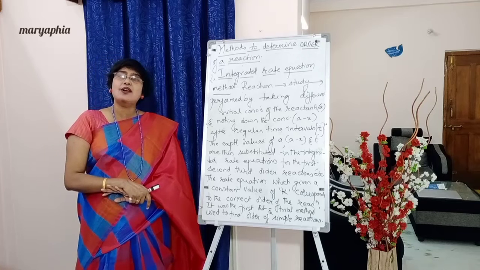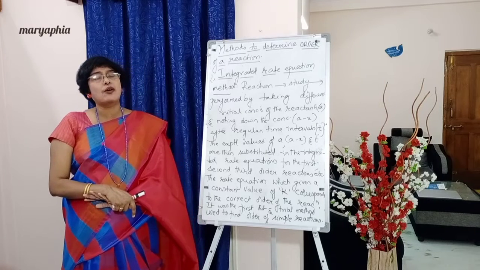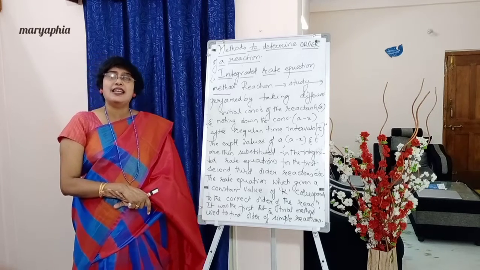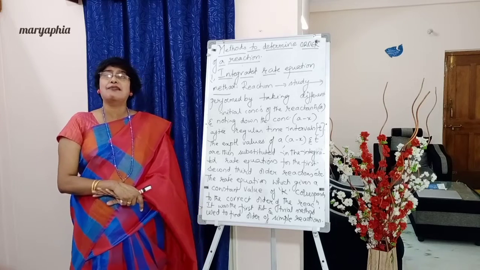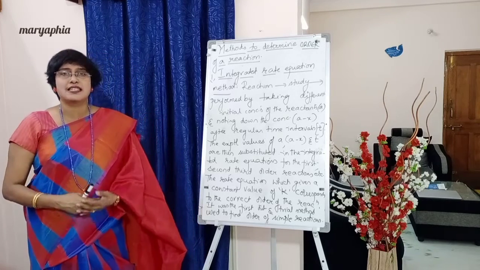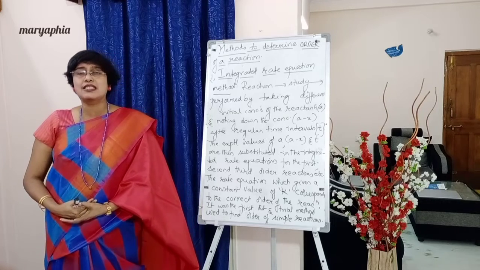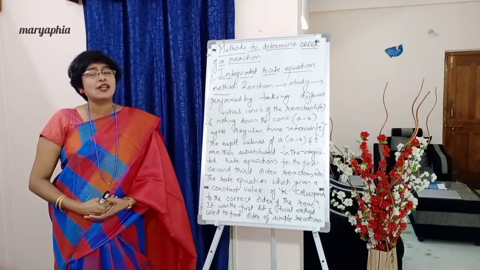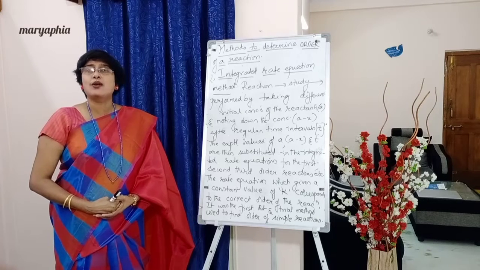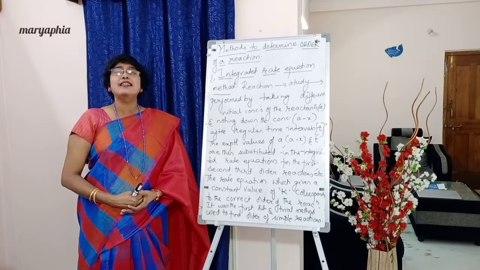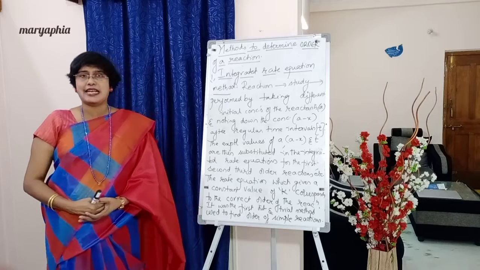We take the second order rate expression, substitute all these values and calculate the rate constant at different initial concentrations. Suppose the second order rate expression gives constant values of k at all the initial concentrations, then the order of the reaction will be second order.